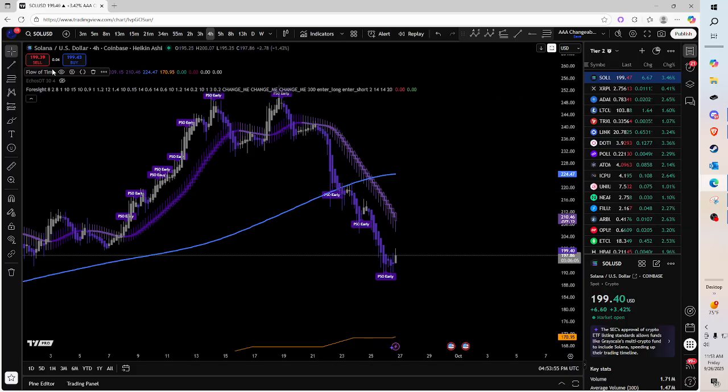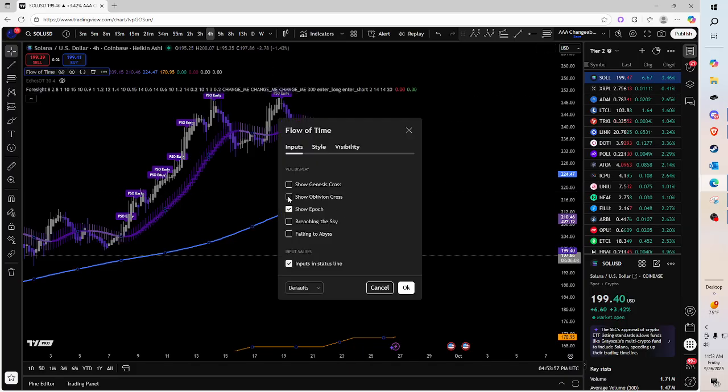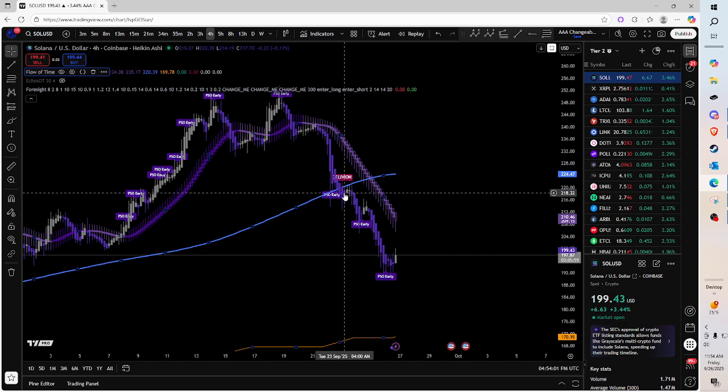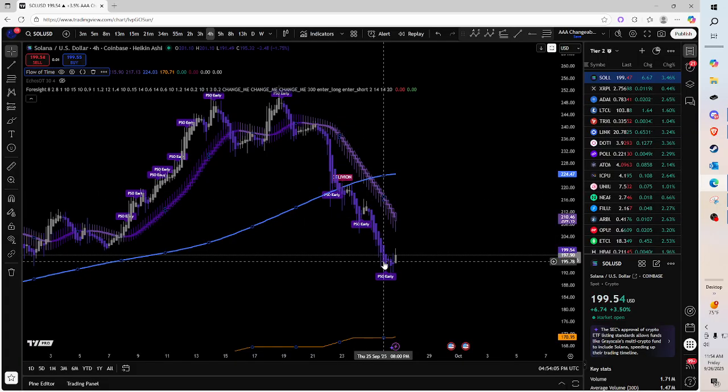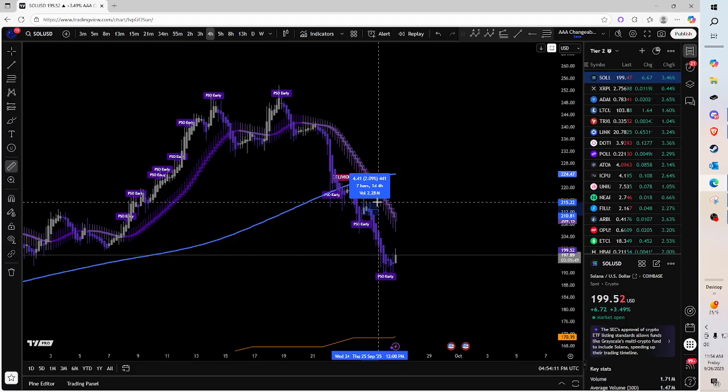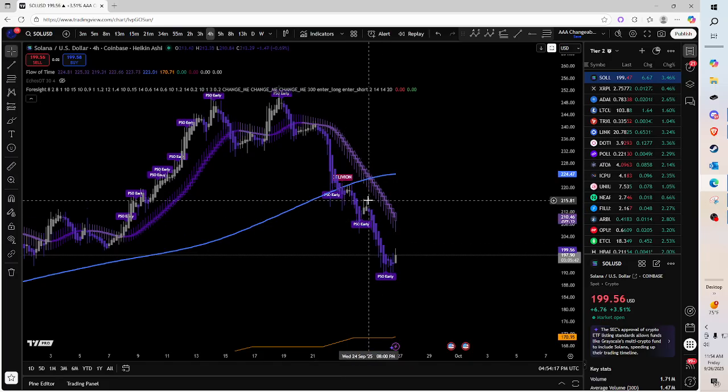If you look at the oblivion crosses, it should show up here. Yeah. And so you get the oblivion cross, you already know that it's going to have a good leg down. Now you might be able to actually make money on this. You sure do. You catch that 2% and then some. It goes about 2.5%. So this trade is a win right here.